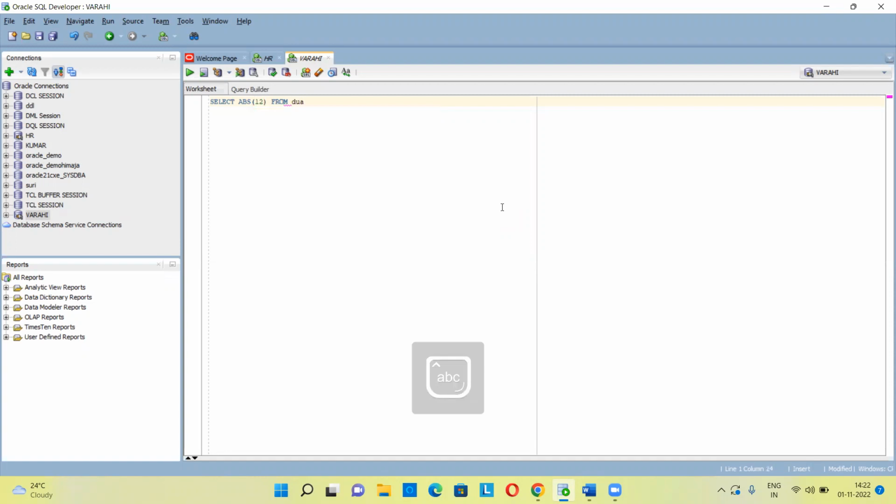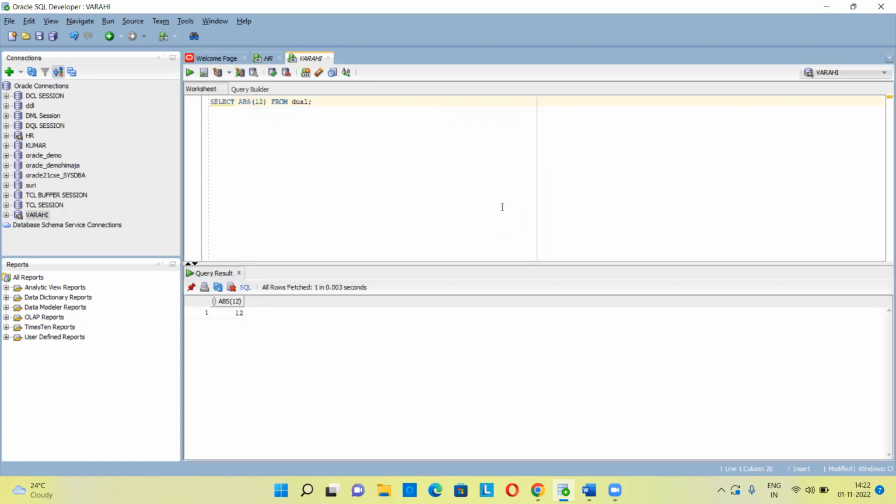This is not related to any table, so I'm writing from dual: ABS of 12. What is the output? It is just 12.